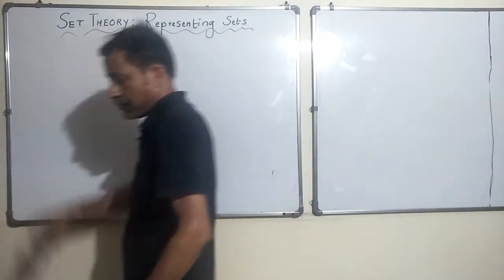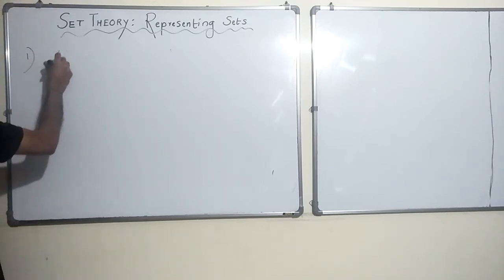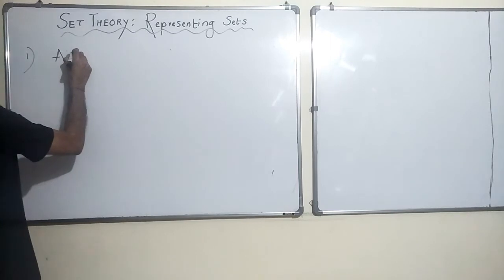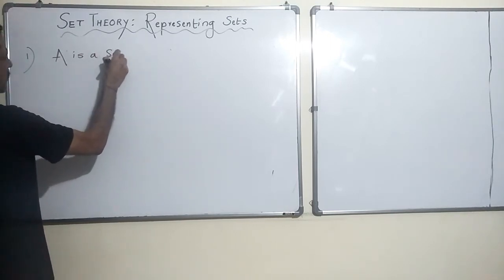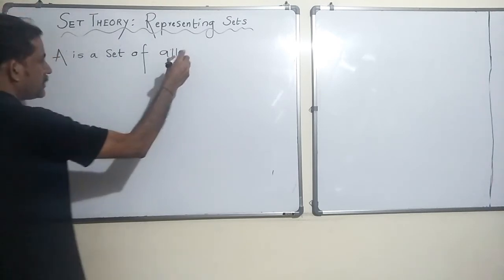All right, first problem is coming along. A is a set of all integers.